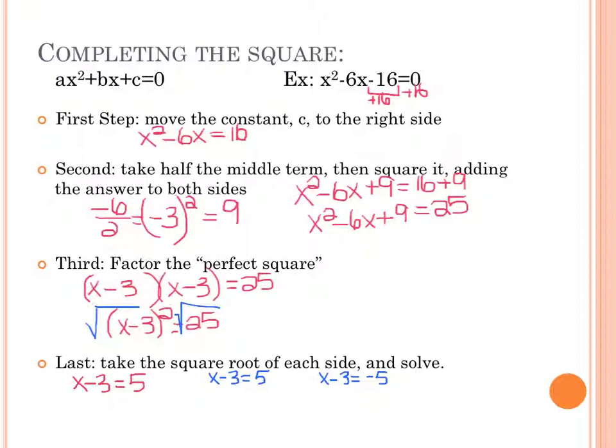When we solve that, on this left side, we should get x equals 8. And over here, we should have x equals negative 2. So our solution would be when x equals negative 2 and when x equals 8.